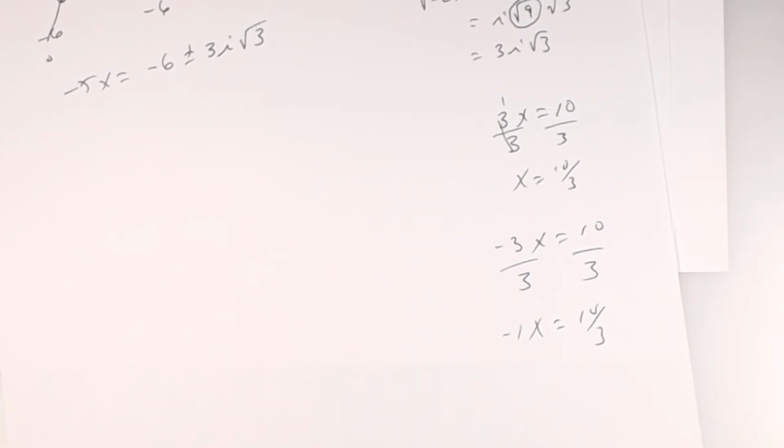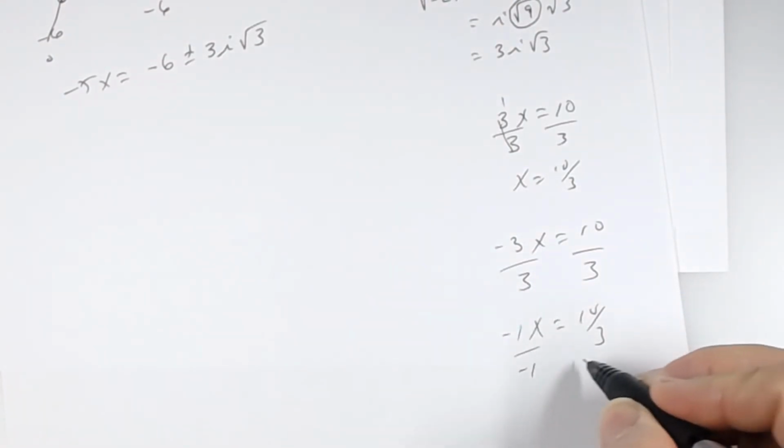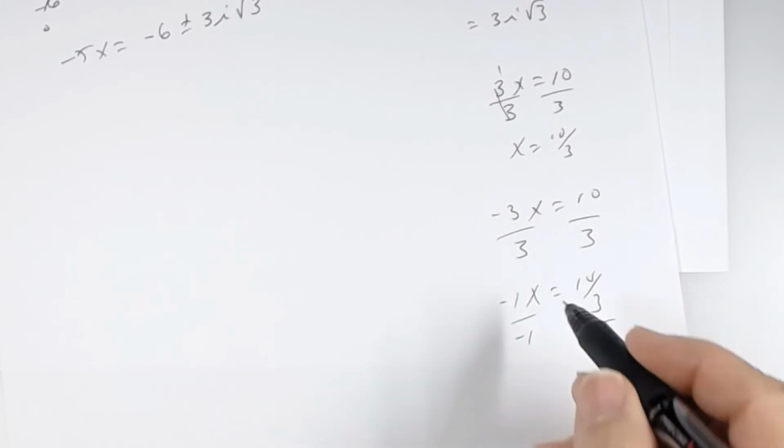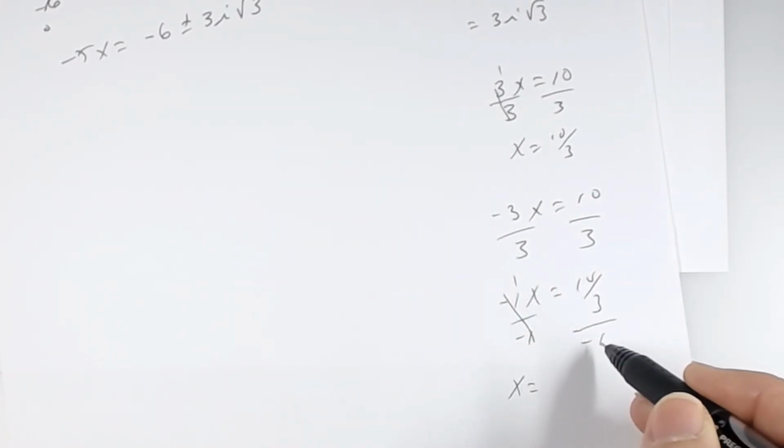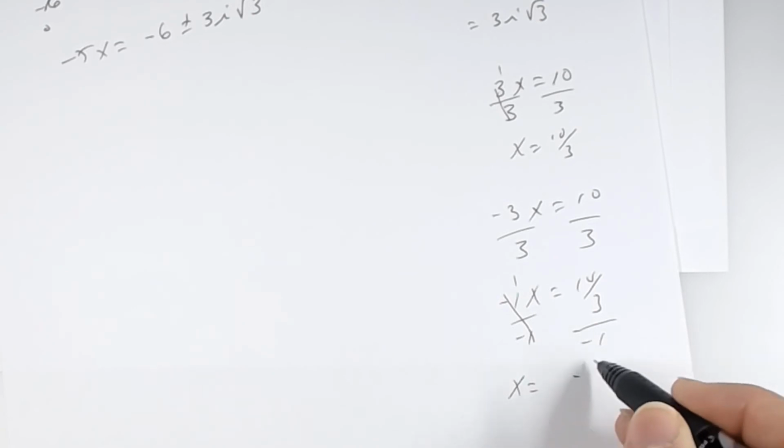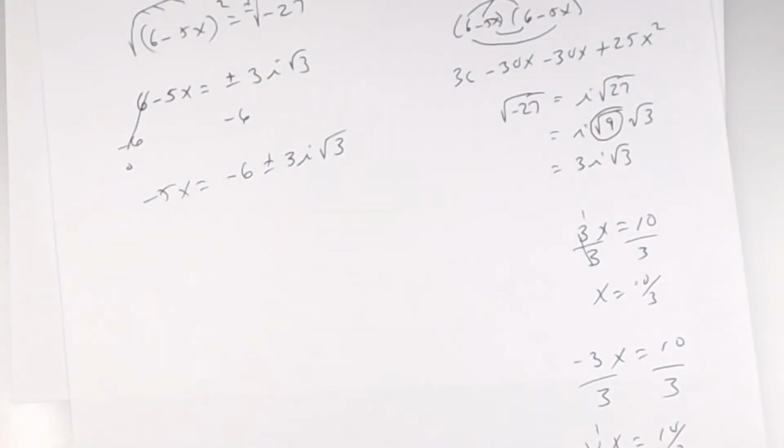So why do all that work when you should have just divided by negative 3 in this case, and negative 5 in that case? So you got to be careful. Here we'd have to divide by negative 1, and negative 1 divided by negative 1 is 1. So you get x equals, and a positive divided by a negative is a negative, so negative 10/3.